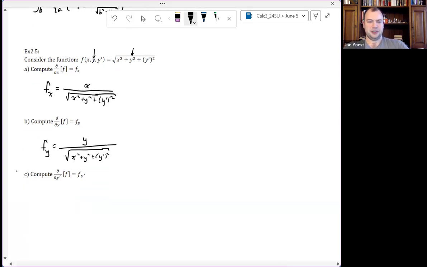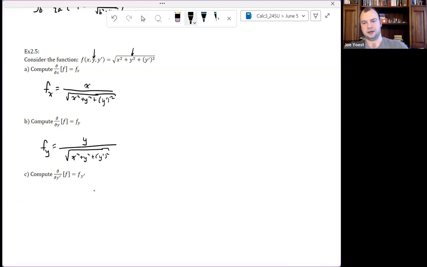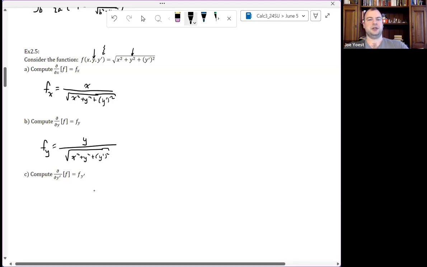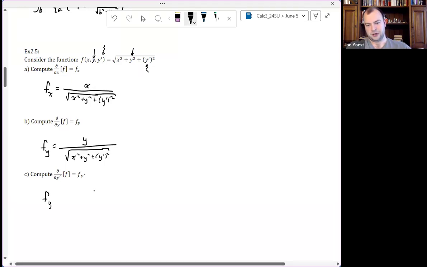And if I ask something like, what's the partial with respect to y prime, f sub y prime, this is going to look very confusing, right? But really all we're doing is indicating we're interested in the third argument. My function says it's the square root of some constant, and from the perspective of the third argument, plus the third argument squared. Or in other words, f sub y prime is just y prime over the square root.